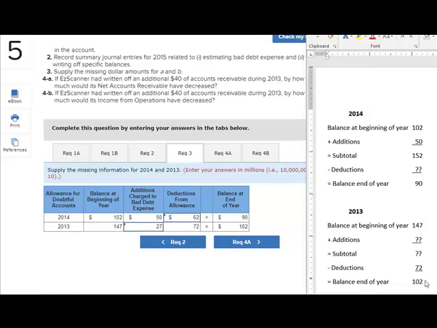Again, we can set up this equation, put in the numbers we have to figure out the number we don't have. And since this subtotal must be equal to the ending balance plus the deduction, once we get this subtotal, then we can figure out this middle number, or this number here.